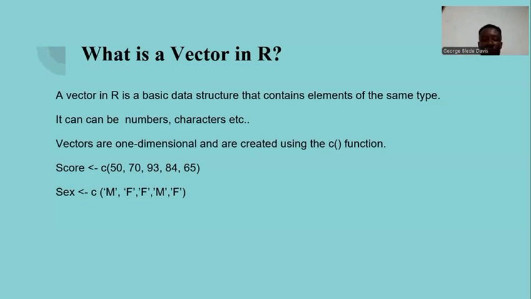The score of the class, maybe for a specific subject, is a vector, and the sex of the class is a vector. Maybe you have 5 persons in the class, just list that sex, considered as a vector, just a list, no dimension. To create a vector, we use the C function. The C function creates a vector. We practice that within our script.